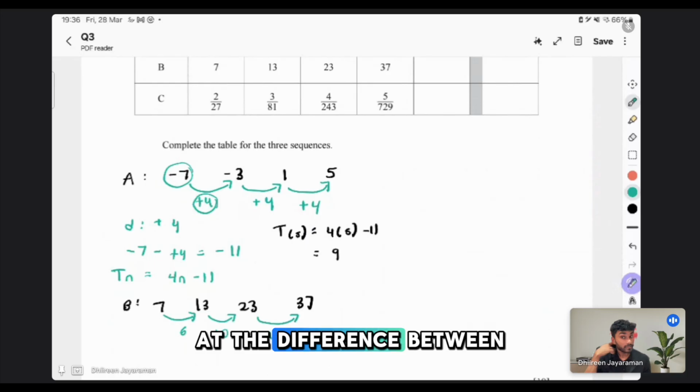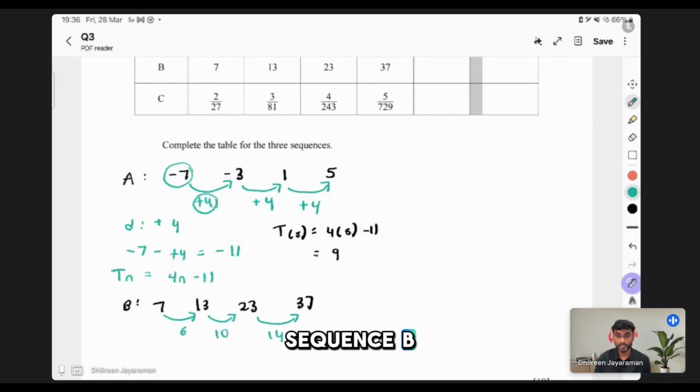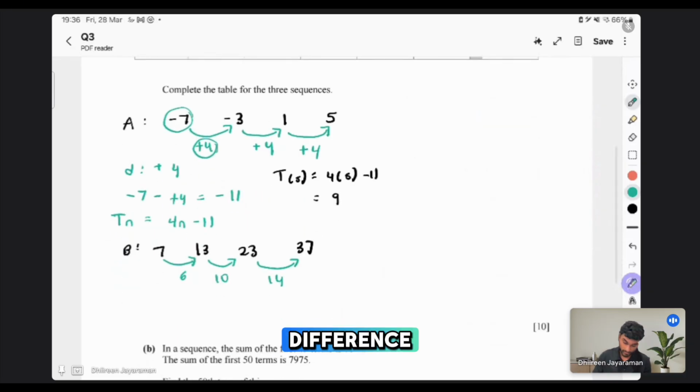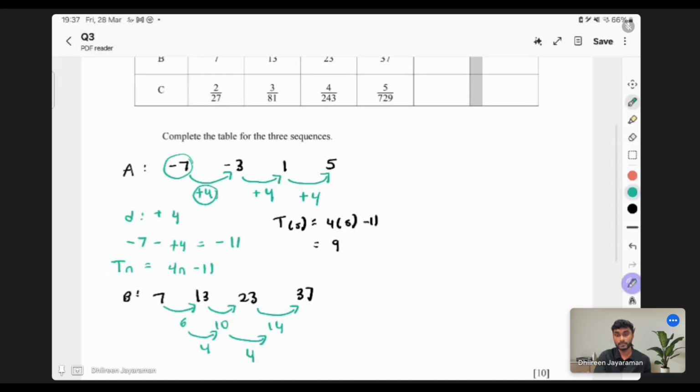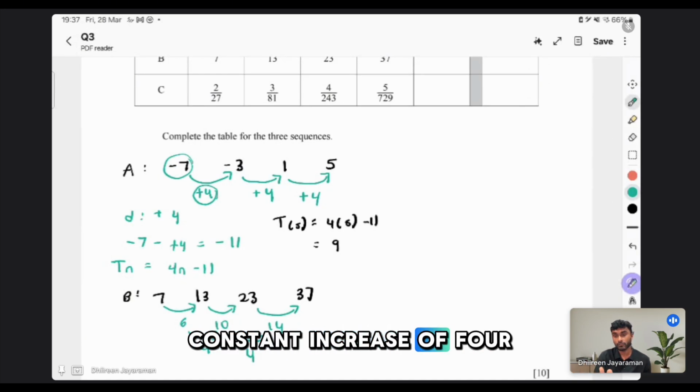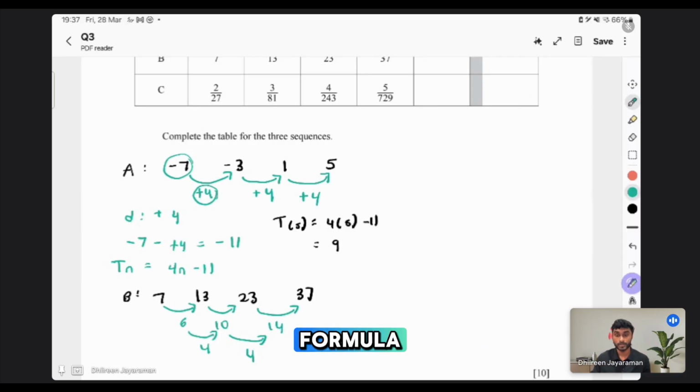When we look at the difference between the first, second, third, fourth number in sequence B, it's not constant. So we have to move to a second layer to find out if there is a constant difference. As you can see, sequence B has a constant increase of 4 in the second layer. So we can actually use the nth term formula.